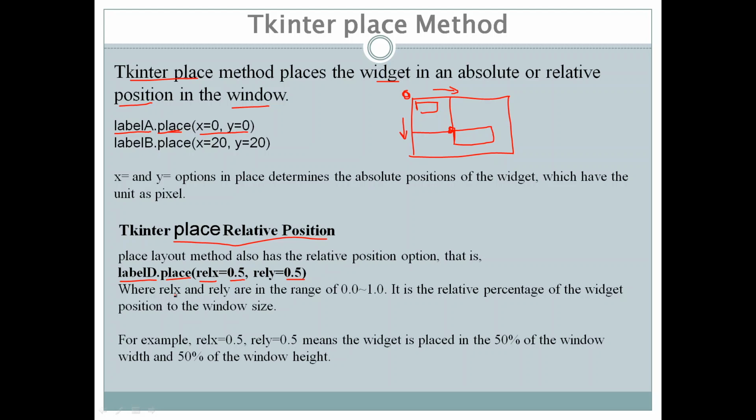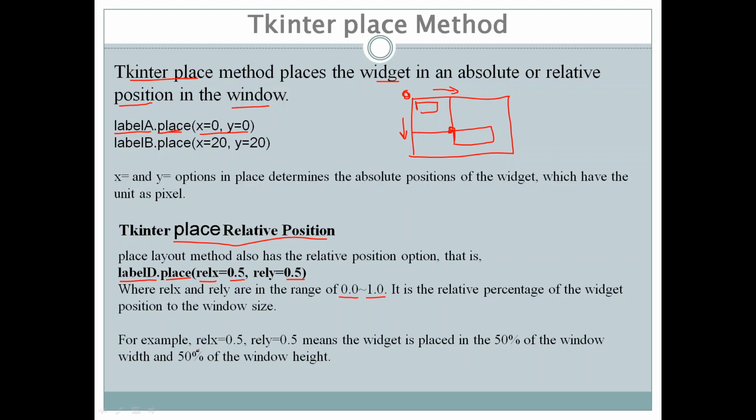Remember, when relx and rely are in the range of 0.0 to 1.0, the complete screen width or top level window width is considered as 1.0. So that is the complete top level width and height. It is the relative percentage of the widget position to the window size.